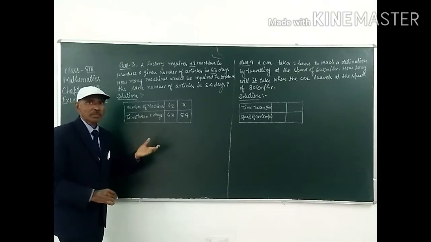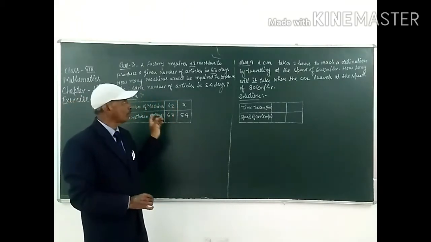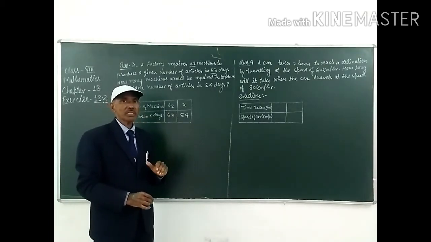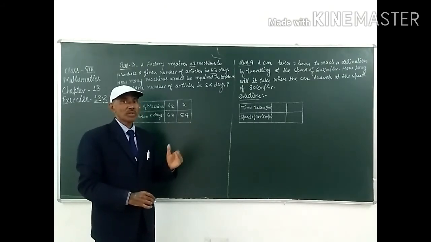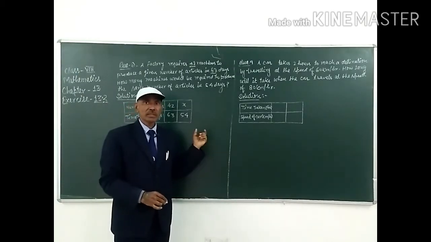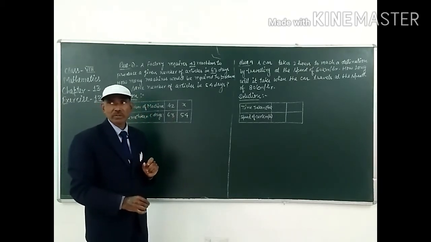If we increase the number of machines, then it will take less time to complete the work. If we decrease the number of machines, then it will take more time to complete the job. So there is inverse proportion, students.